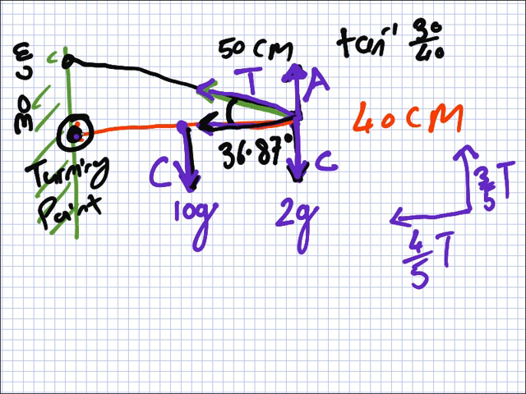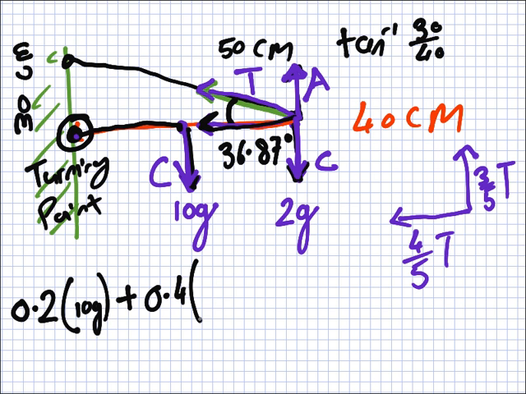So, this distance here, what's the distance? 0.2 times 10g plus 0.4 times 2g. Good.